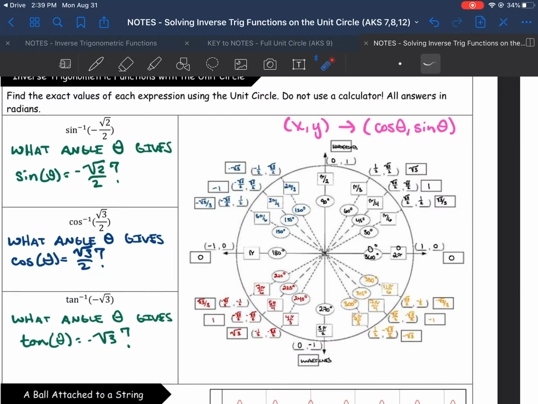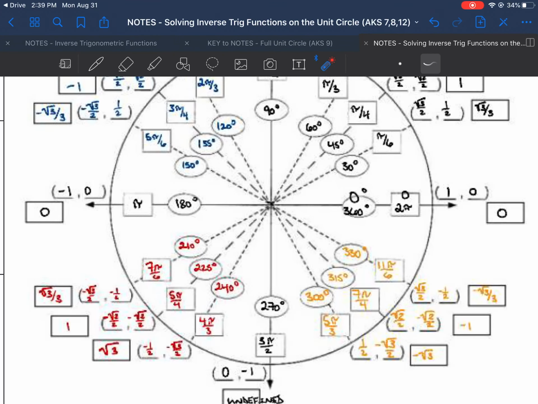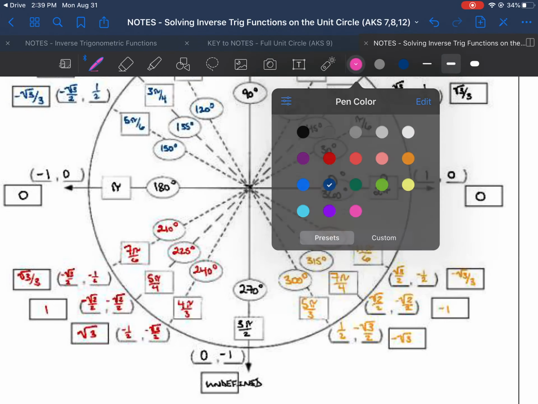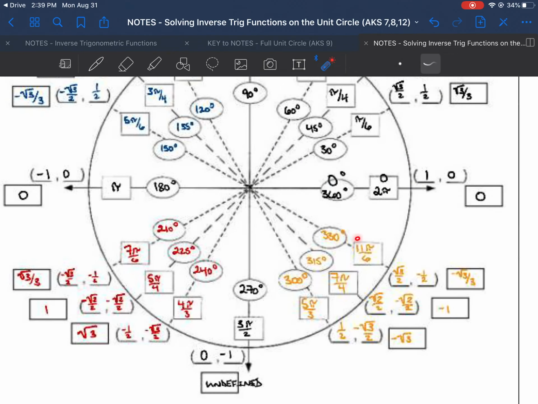So one thing that we can do is annotate our little unit circle here. I have 11 pi over 6, but what would 11 pi over 6 be in terms of a negative radian measure?